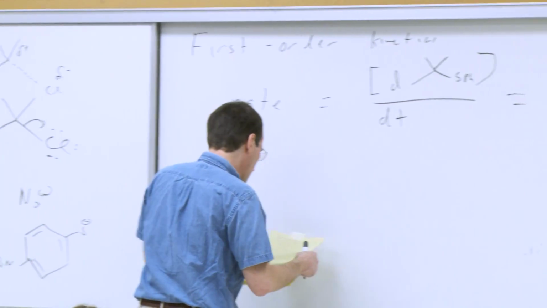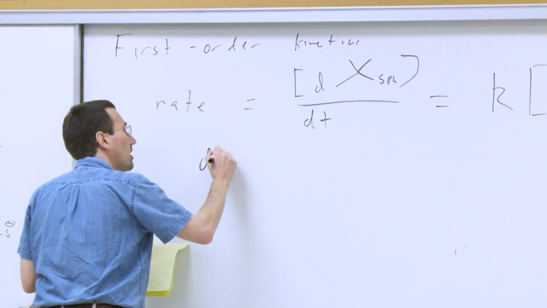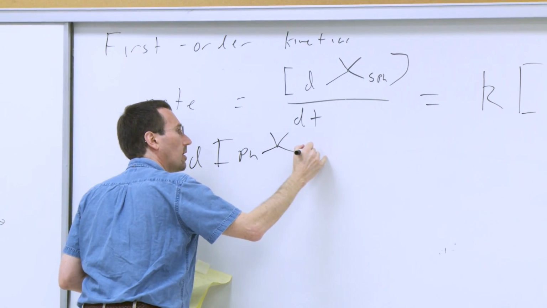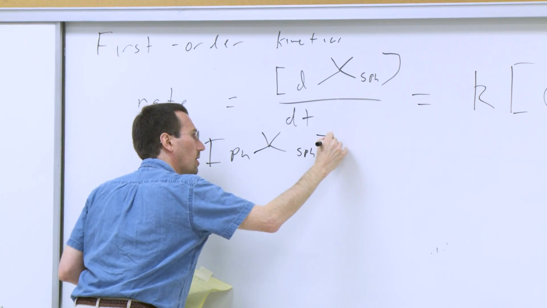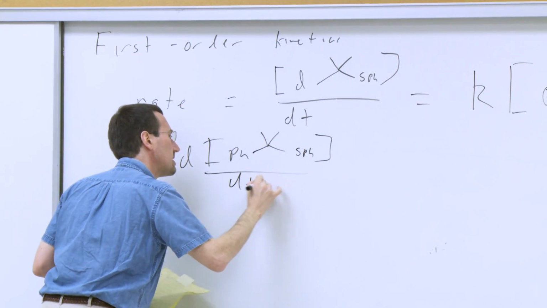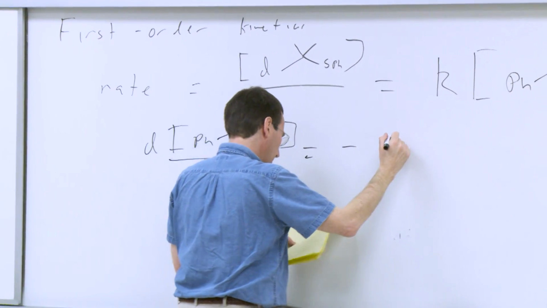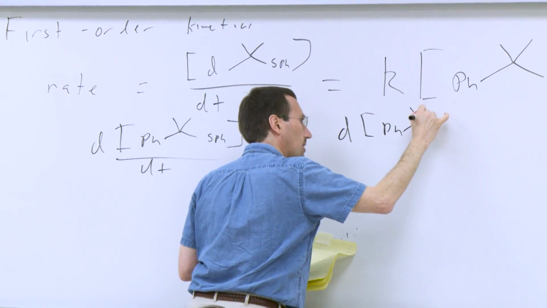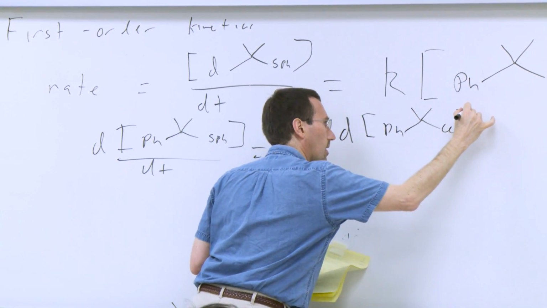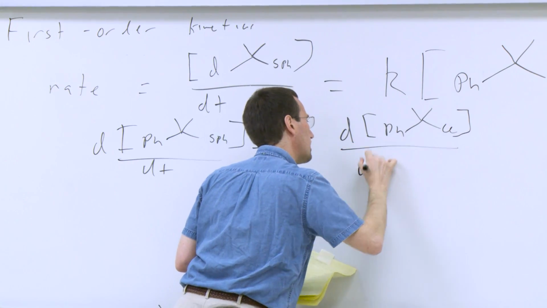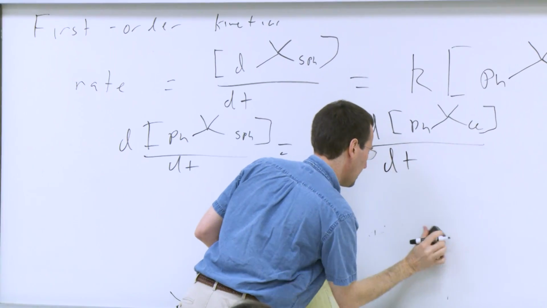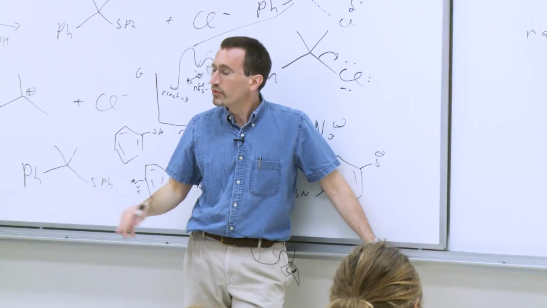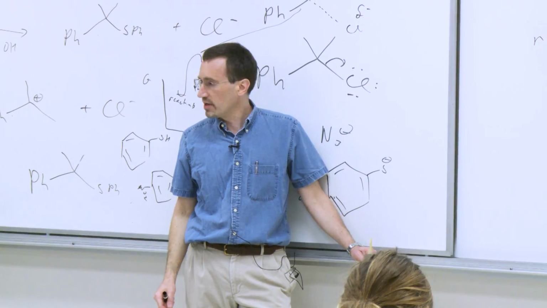So I can say, okay, d product dt is equal to negative d reactant dt.